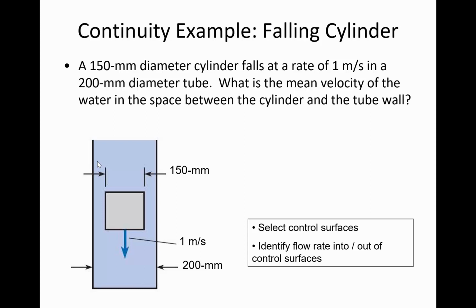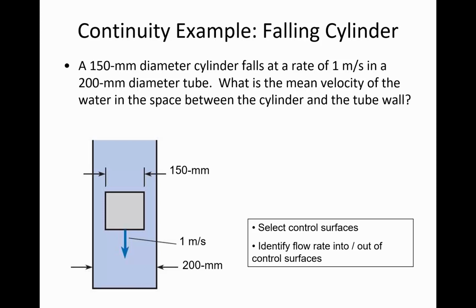So we want to know what is the velocity of water between the two. And so the space that I'm talking about is going to be donut shaped. So try and visualize in your mind, if you were looking from above, what the top view looks like. We have a pipe and a cylinder falling down through the center of the pipe.